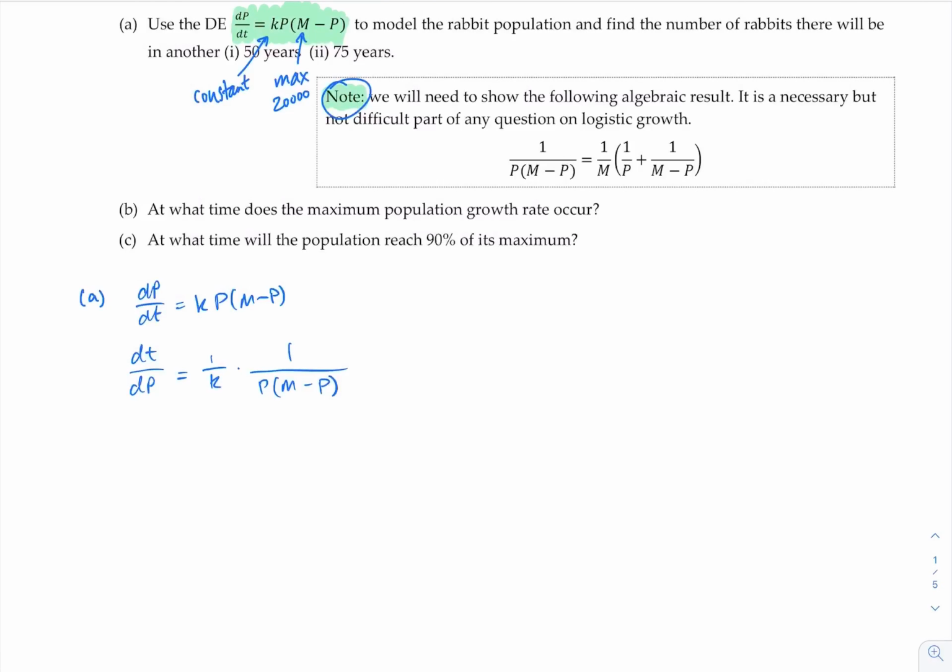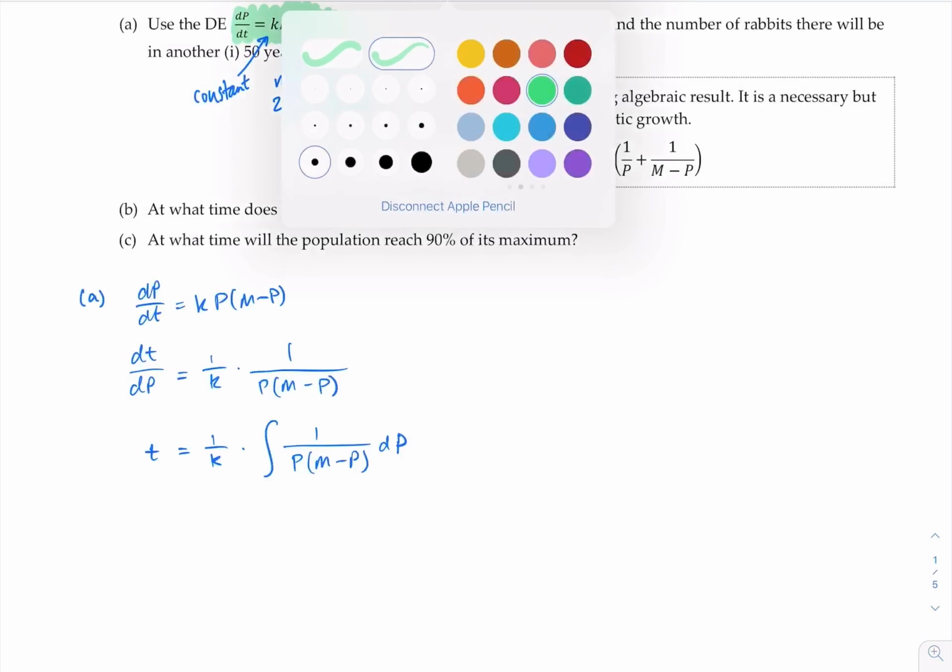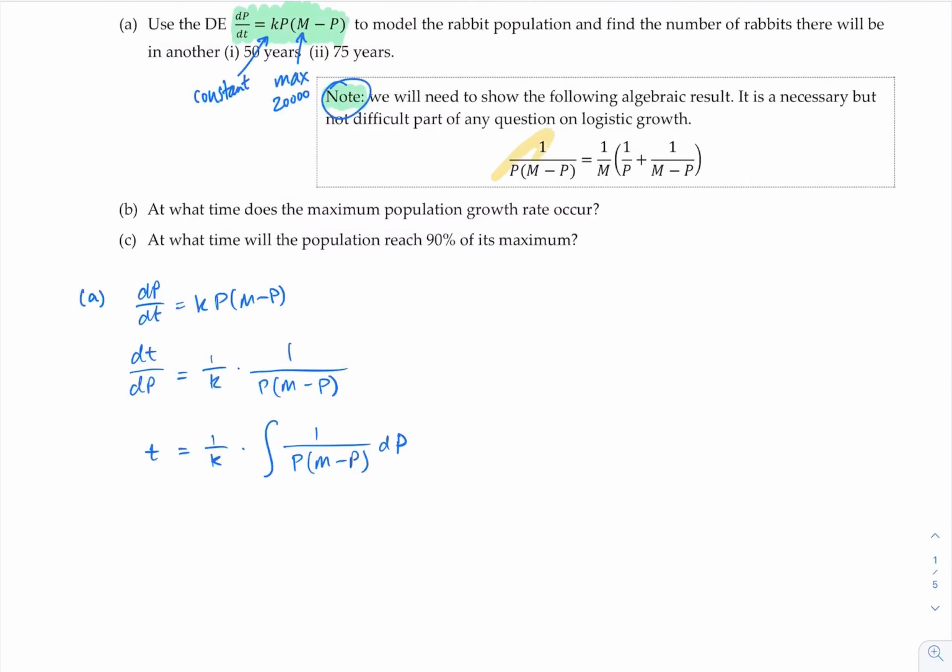Okay, and so if we integrate, and now we use this to sort that out, right?